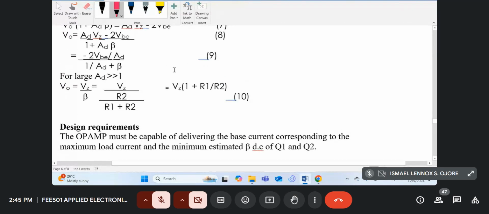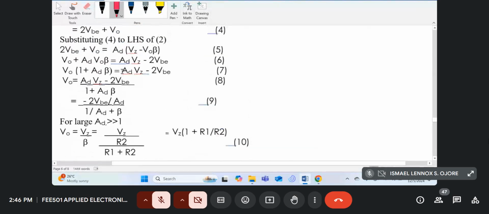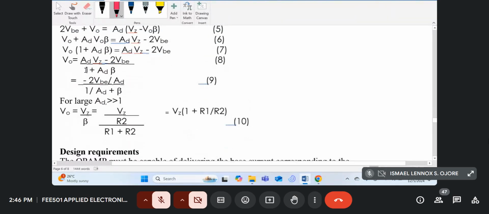Accurately, V naught. There seems to be a typing error here. From this equation 8, let's just do it by hand. From equation 8, V naught is AD, VZ by that.